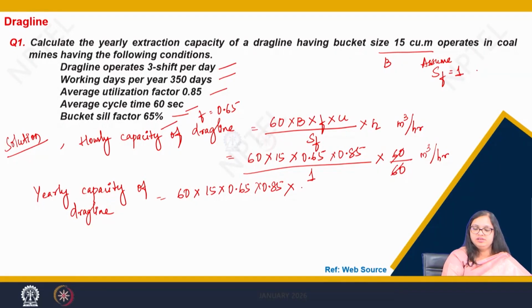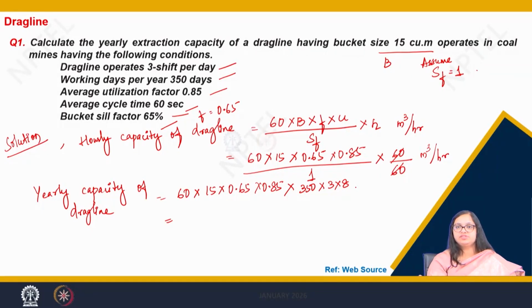It is 350 days, and we have to convert it into number of hours. 3 shifts per day, so per day it is 3 into 8, that is 3 shifts into 8 hours, which gives the number of hours in a day, and then we multiply with the number of days.